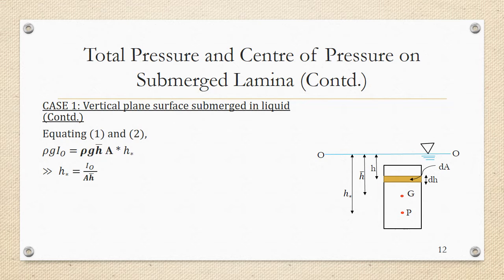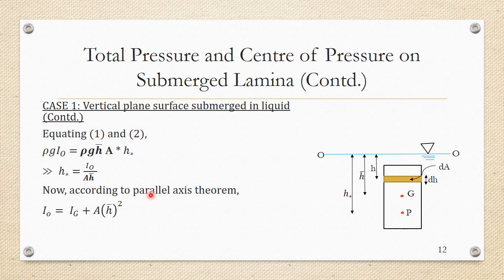But when it comes to moment of inertia, we always prefer to write moment of inertia about the centroidal axis rather than any common axis. And so I'm going to replace IO by the parallel axis theorem. According to the parallel axis theorem, IO is going to be IG plus A into h bar squared, where h bar is the distance between the OO axis and the centroidal x-axis.